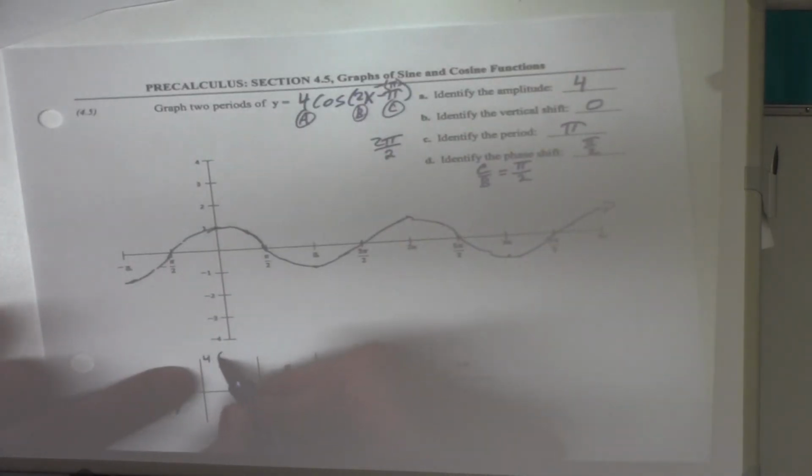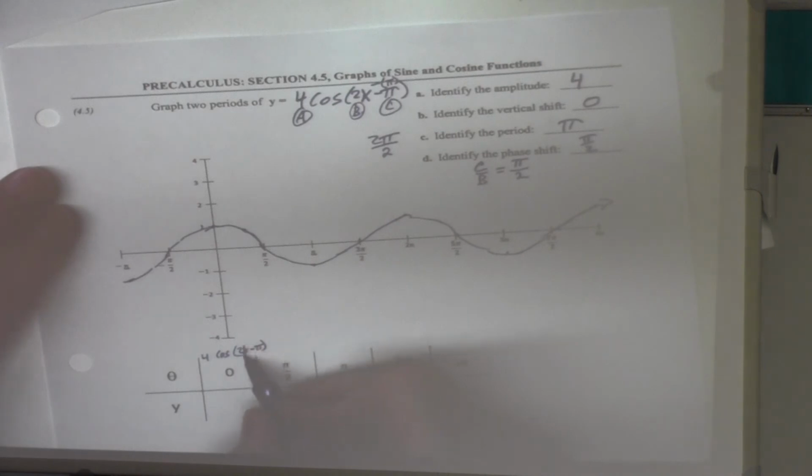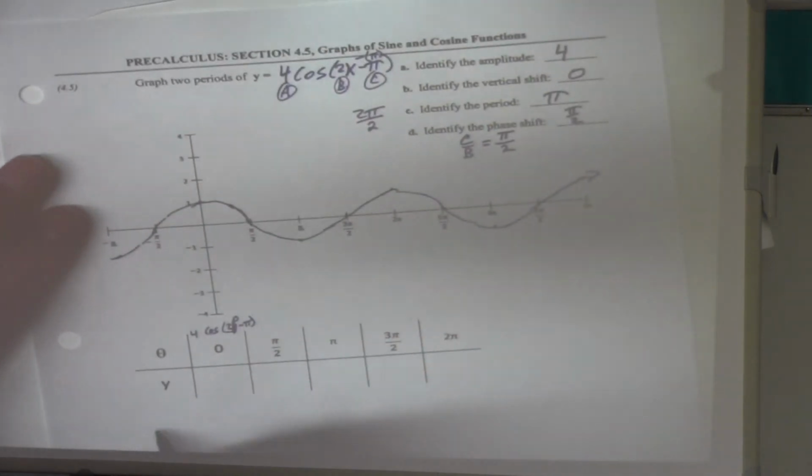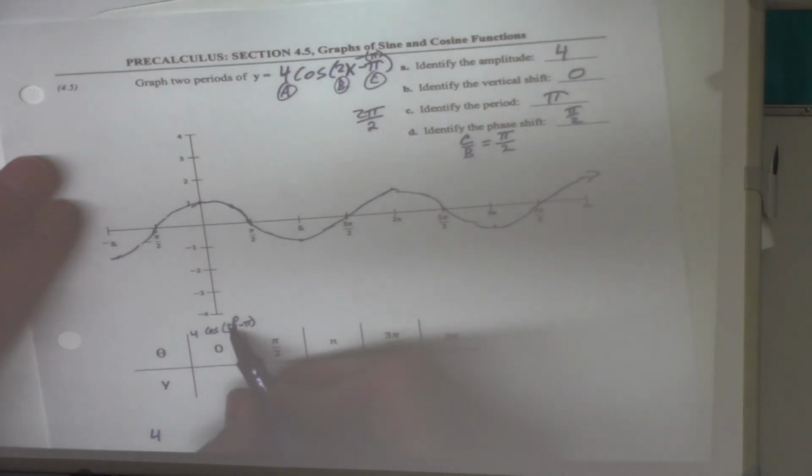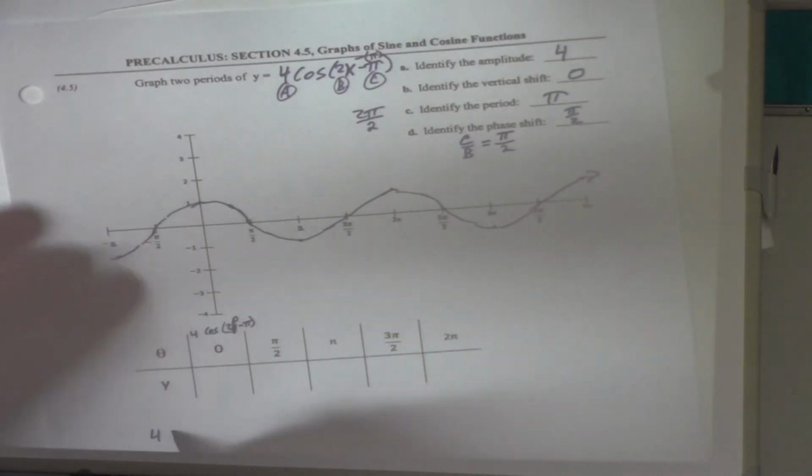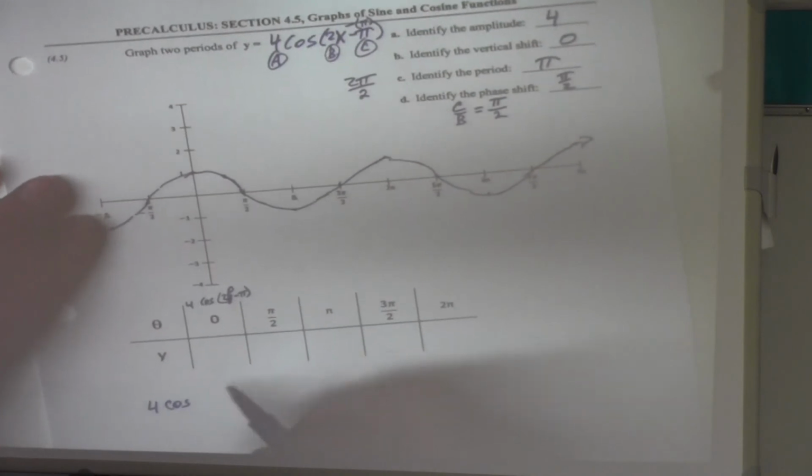So now we're going to put in the values. 4 cosine 2x minus pi. Well, we're going to put a 0 in here. So what we're going to get is 4 times the cosine of, now let's talk about how to do this here.